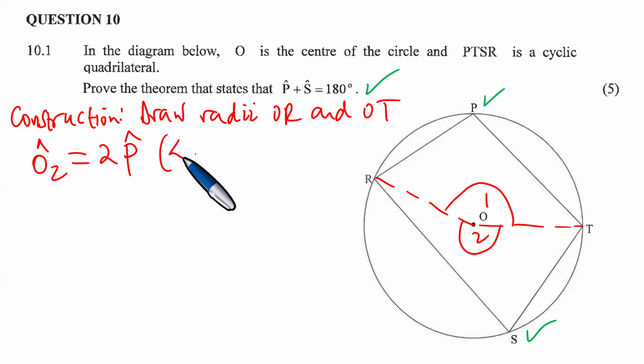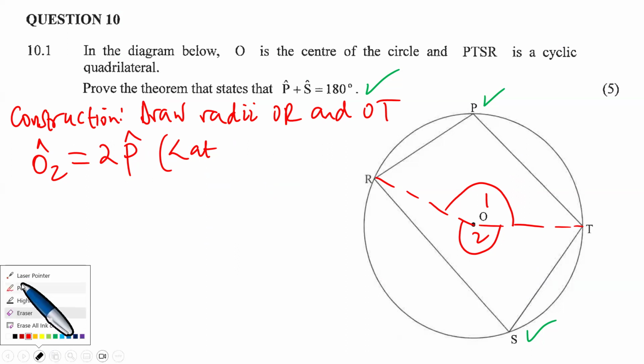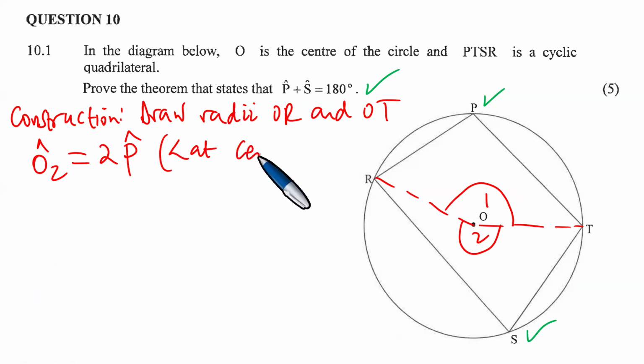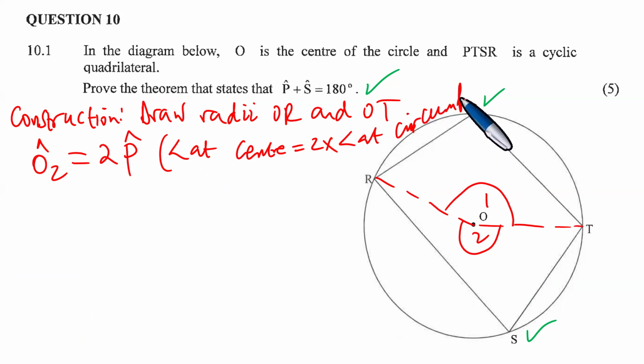The reason here is angle at center equals 2 times angle at circumference.